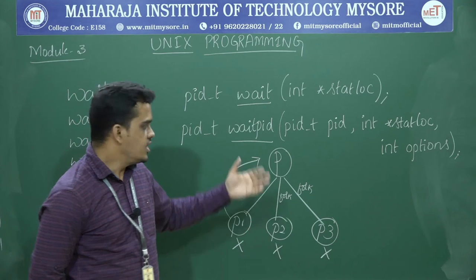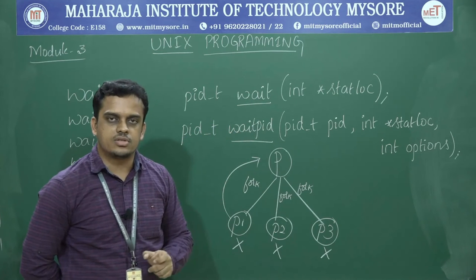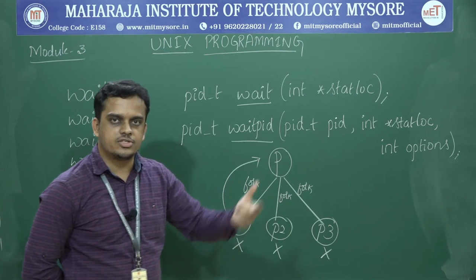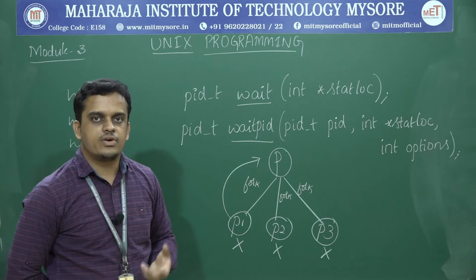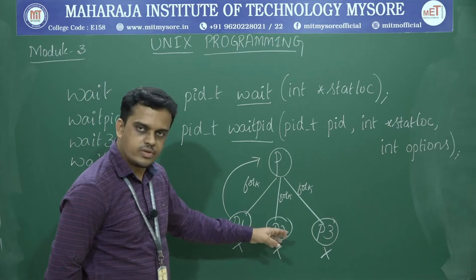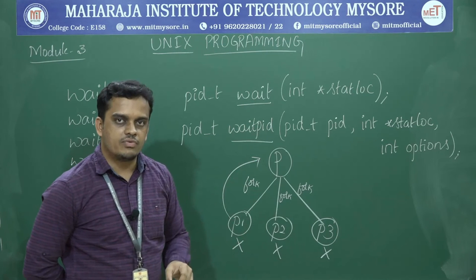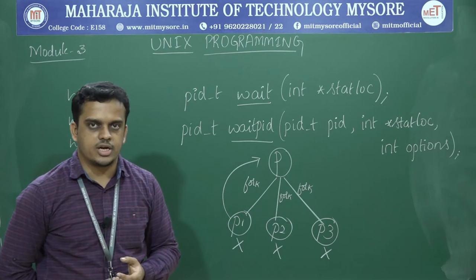If not, it will ignore that termination status and execute the same wait function once again. It will get the termination status of P2 and check whether this is the one required. If not, it will ignore even this one, and once again we need to execute a wait function to retrieve the termination status of the third terminated child process.